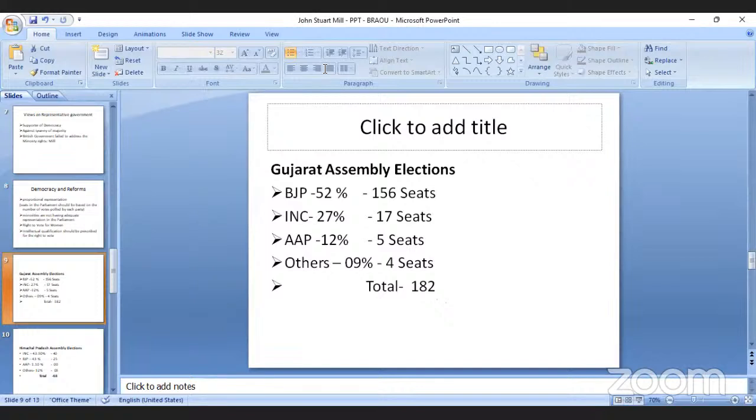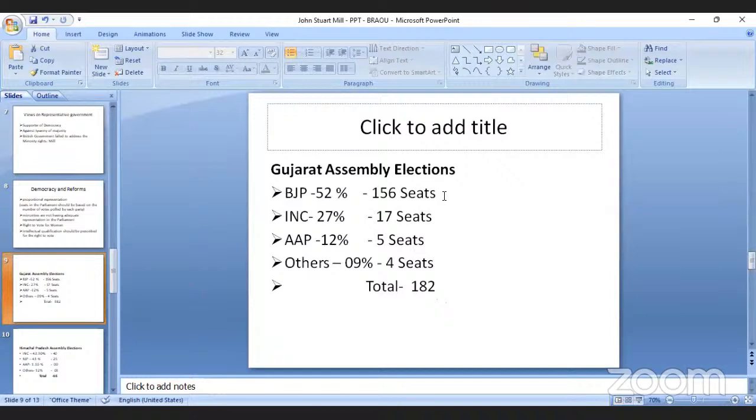Okay. We are seeing these examples further to understand proportional representation. This is what we are following in our democracy.